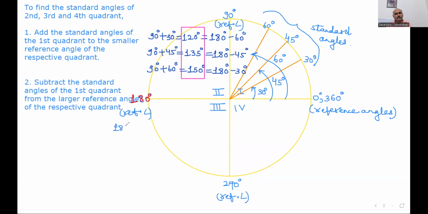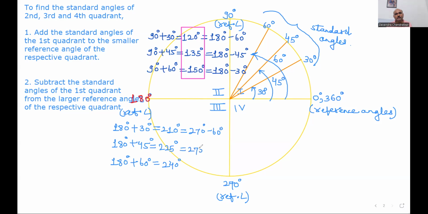So it's 180 plus 30, 180 plus 45, 180 plus 60. This is 210. This is 225. This is 240 degrees. This is 270 minus 60.